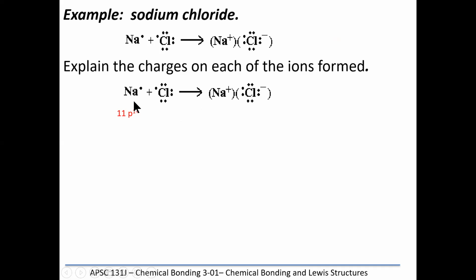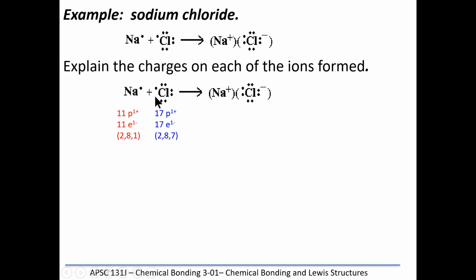The reason they have charges is because, remember, sodium atoms start out with 11 protons and 11 electrons, electrically neutral. The 11 electrons are arranged 2 in the first energy level, 8 in the second, 1 in the third. Chlorine has 17 protons and 17 electrons when it's neutral. It has an arrangement of 2, 8, 7: 2 in the first energy level, 8 in the second, 7 in the third.